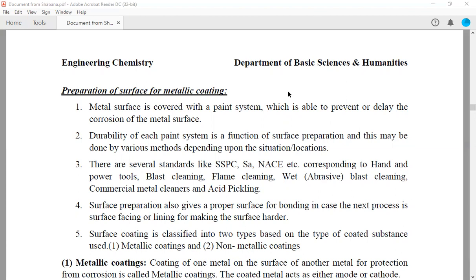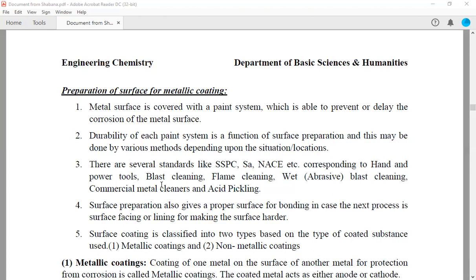The different types of protective coating and the methods of application are discussed below, along with the preparation of the metal surface for the application of protective coating.